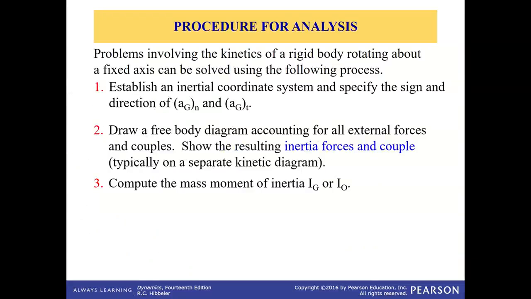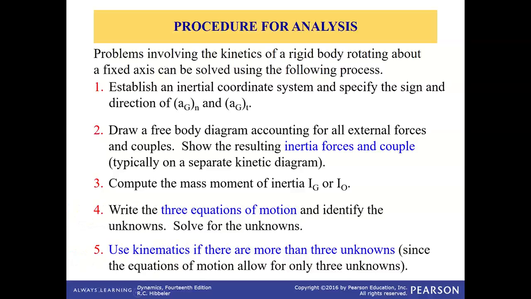So the procedure for analysis of a rigid body in pure rotation is: first, define the coordinate system, so use the normal tangent coordinate system. Second, draw the free body diagram and indicate all the forces. Then draw the kinetic diagram, indicating the resultant acceleration and resultant forces. Next, compute the moment of inertia, either IG or IO, depending on whether the body is rotated with respect to its own mass center or with respect to any other point.